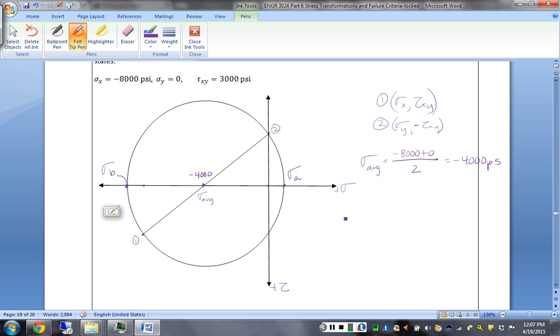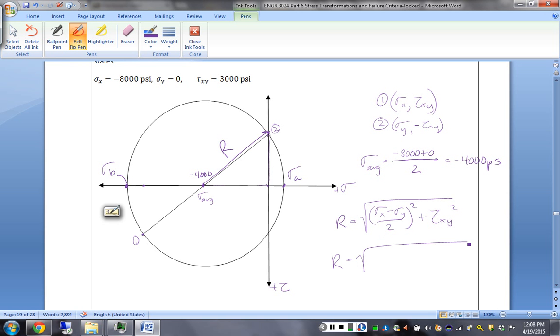We know that the radius of this circle, we know how to get the radius of the circle. That's the Pythagorean sum of this side and this side, and that is the square root of the half of the difference term and the shear stress squared.